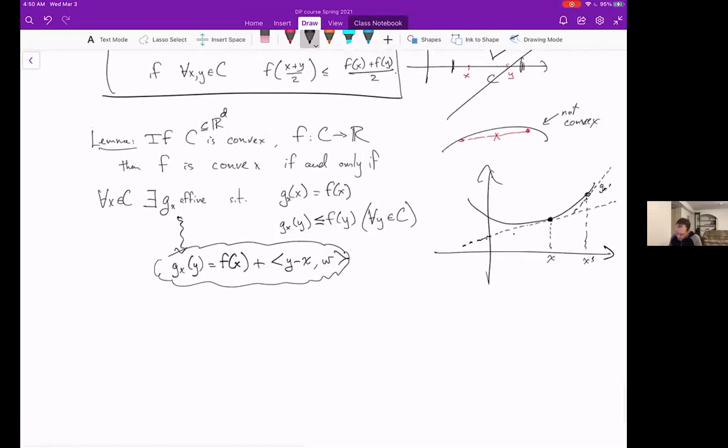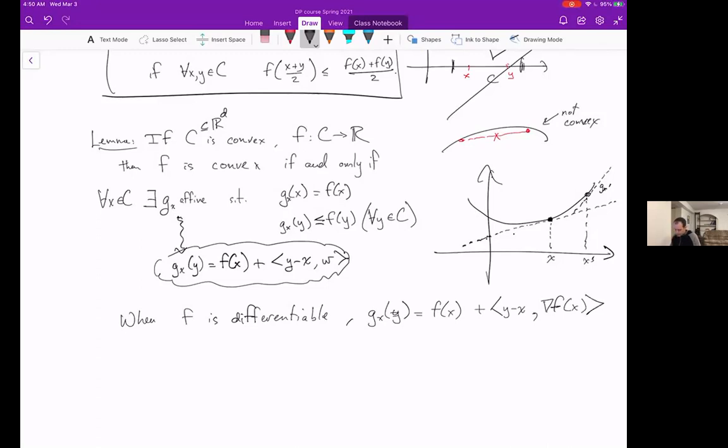When f is differentiable, this G is actually the Taylor approximation. So when f is differentiable, G of x at y is equal to f of x plus y minus x times the gradient of f of x.